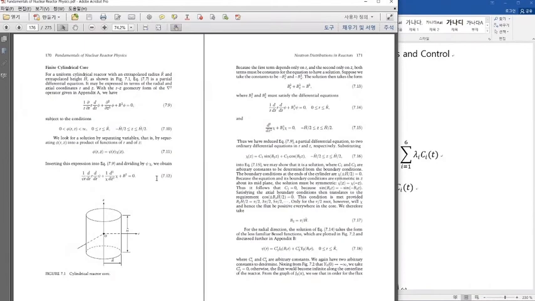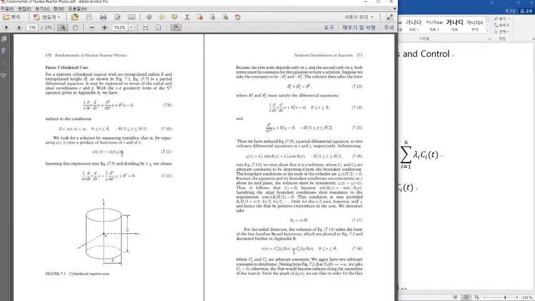So for the cylindrical core, the diffusion equation is applied in the cylindrical coordinate system, and by separating variables, neutron flux is now assumed to depend only on r and z, the distance from the center and the height from the bottom.